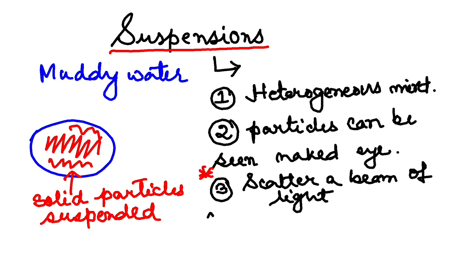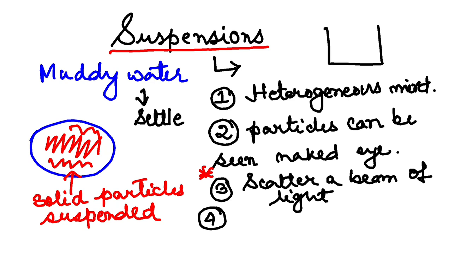Number 4, the last one, is that if you let muddy water settle, okay, just focus over here. If you let muddy water settle, what happens? The mud will go down. So in a container, if I take muddy water, after some time, if you let it settle, what will happen? After half an hour, 1 hour, you will see the solid particles settled here, right?